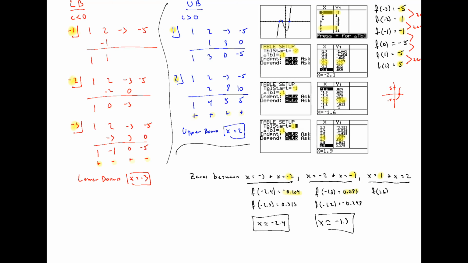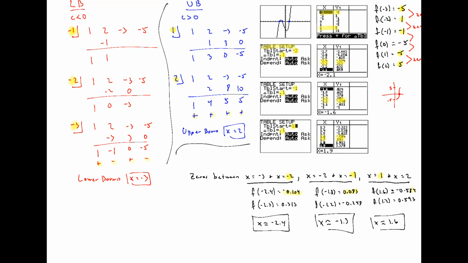So f of 1.6 is equal to negative 0.584, and f of 1.7 is equal to 0.593. So these are both at 0.5, so we have to go to the next one over, which would be 0.58 compared to 0.59.